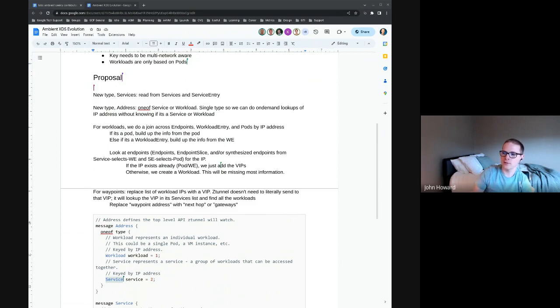So this handles the case where service readiness is not properly respected. Instead of trying to recreate that service-selecting-pod logic in the workload XDS, we wouldn't do that at all. We'd actually look at the endpoints and say, okay, here's an endpoint for this service. It's associated with this pod, and then we'd do the join there.